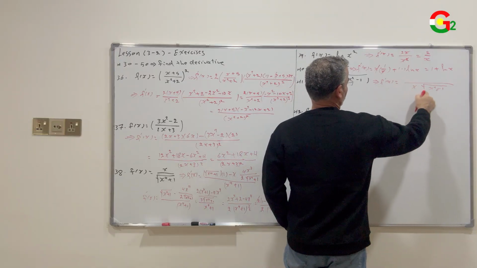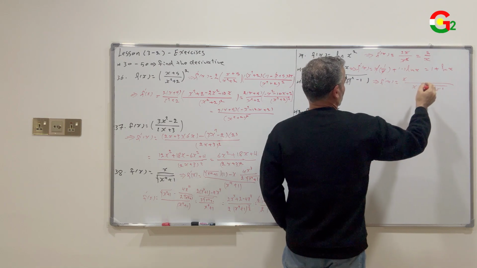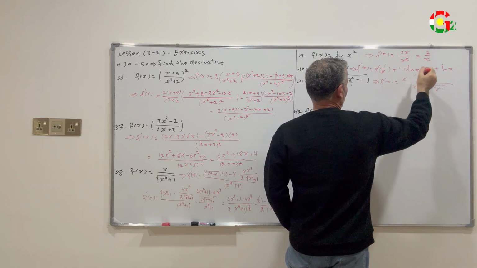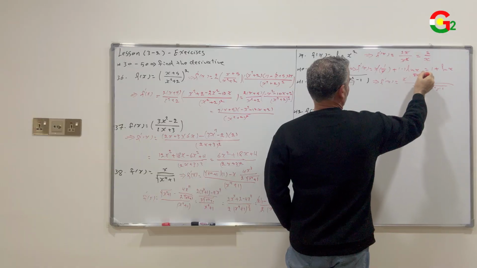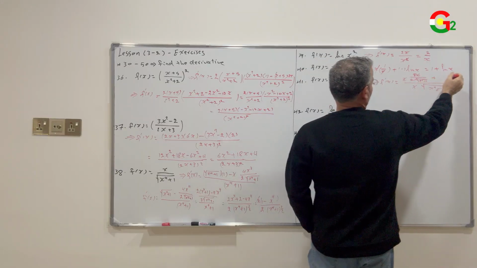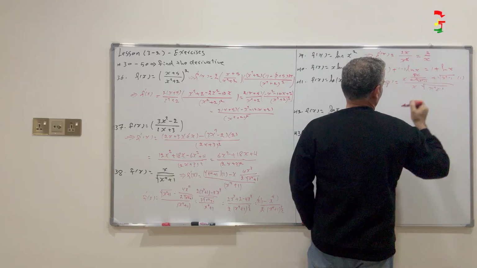Apply the derivative of multiplication of two functions, x times 1 or 2x over 2 square root x power 2 minus 1, plus square root x power 2 minus 1 times 1.